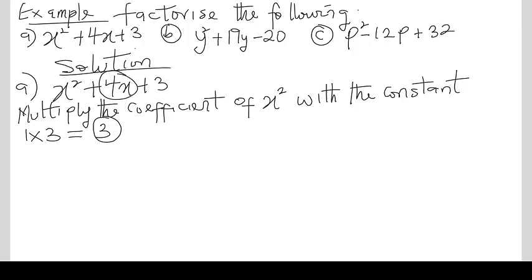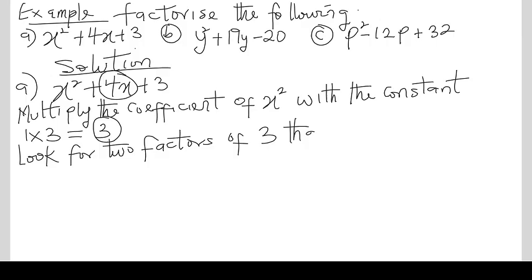So the next step is look for 2 factors of 3, because the product is 3 already, that add up to give us 4, because the coefficient of x in the middle there is 4. So that's what we're going to be looking at now.